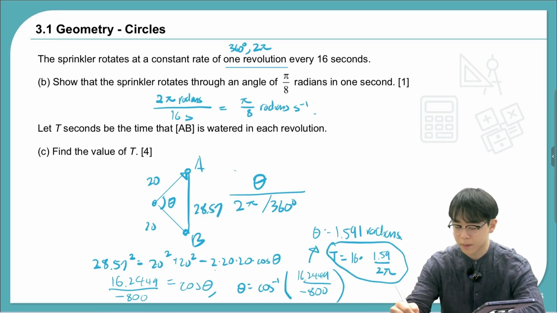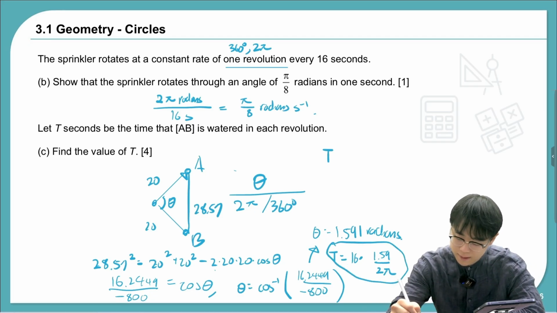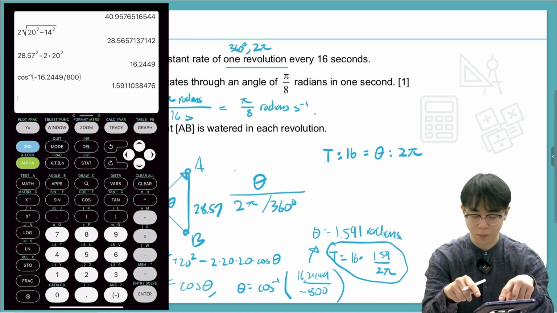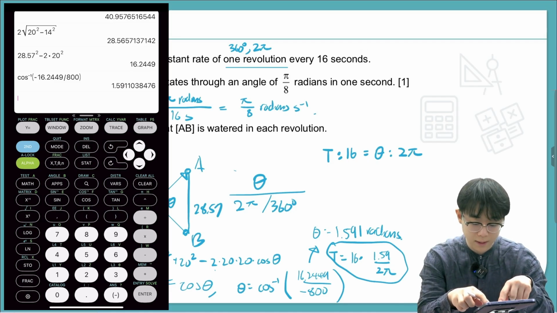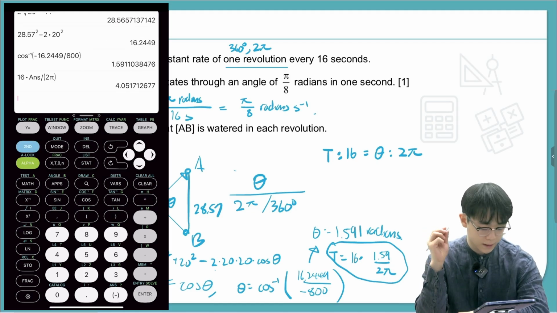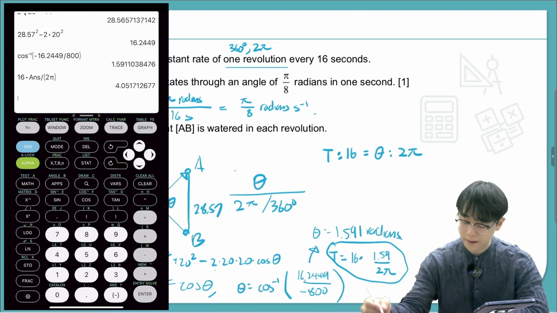So using the proportionality, the ratio from t to 16 seconds is equal to the angle theta to 2 pi radians, right? So if you use that proportionality, you get t as 16 times this divided by 2 pi. So t would be somewhere around 4.05 seconds. Okay?